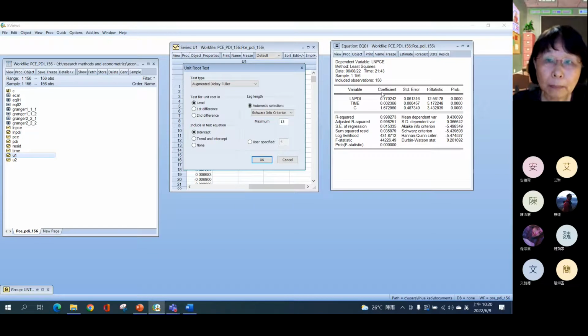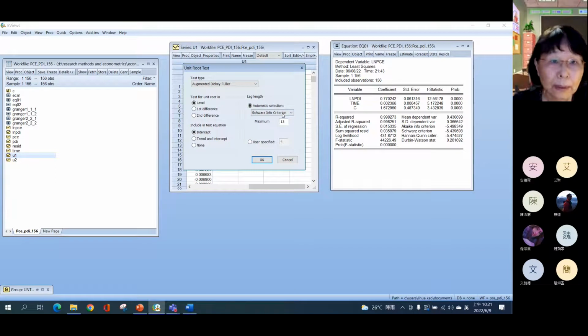And by the way, after we do this regression, we find the Durbin-Watson test is still very low. Therefore, unless we can test that the residuals are stationary, we may suspect the regression we just did is spurious.